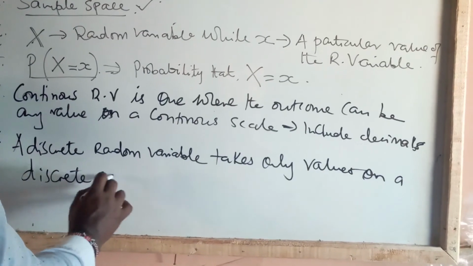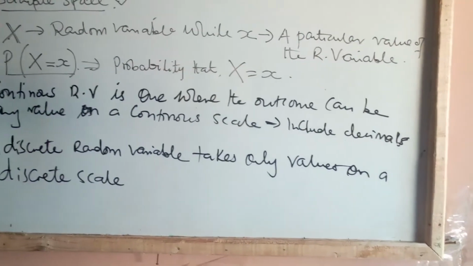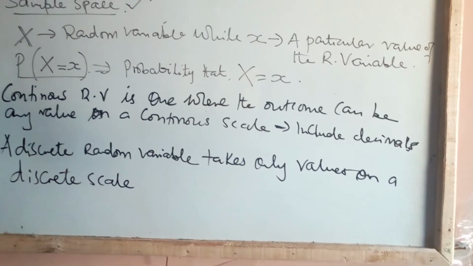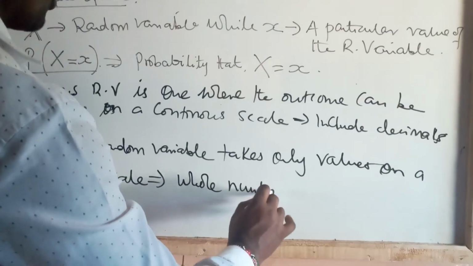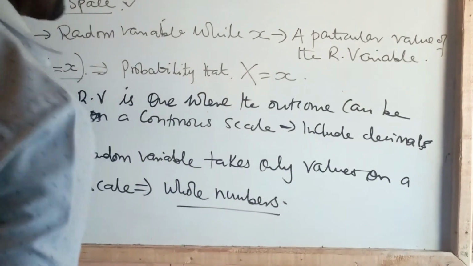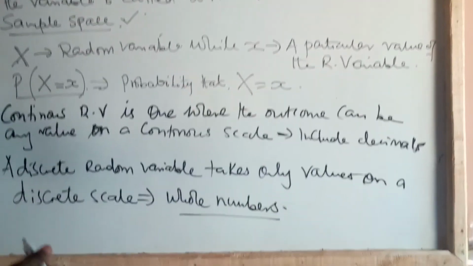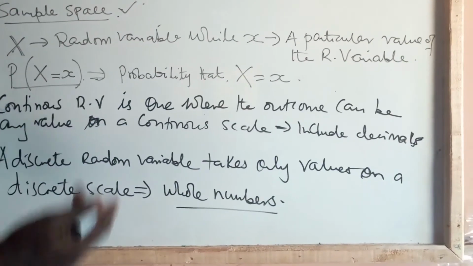And what is a discrete scale? A discrete scale is something that can be countable. Most of these will be whole numbers, variables that can be counted, like the natural numbers 1, 2, 3, 4, and so on and so forth.